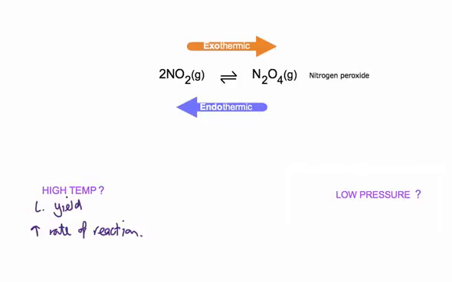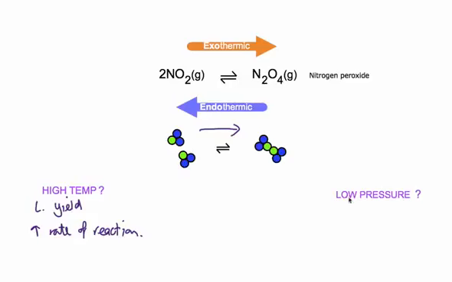Well, we need to look at the number of molecules reacting on both sides, and for this one, just to make it slightly easier, I've drawn it out. I've got 2 molecules on the left, because I've got 2 NO2, and 1 molecule of our nitrogen peroxide over here. If we had a high pressure, the forward reaction would be encouraged, because these particles are close together and therefore more likely to react.